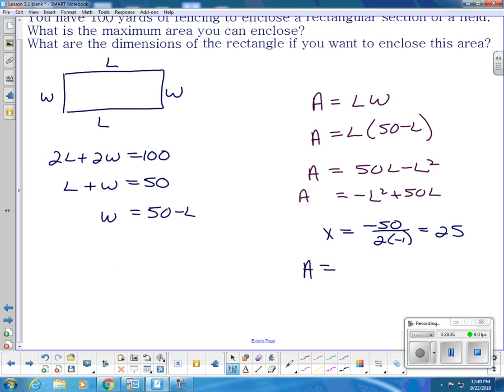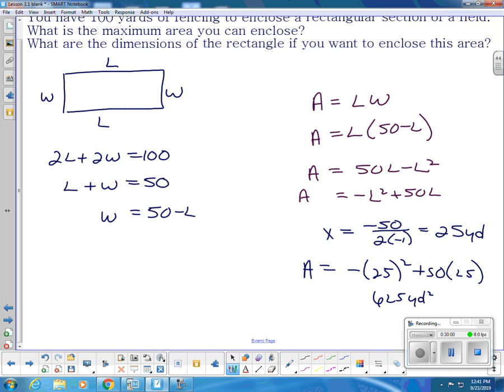So the area is negative 25 squared plus 50 times 25. 625 yards squared.